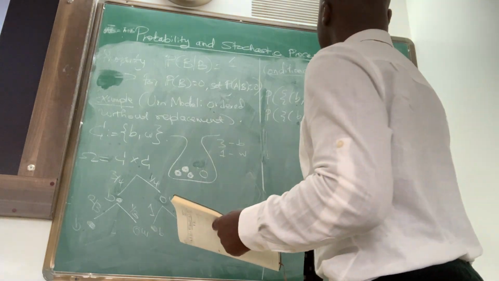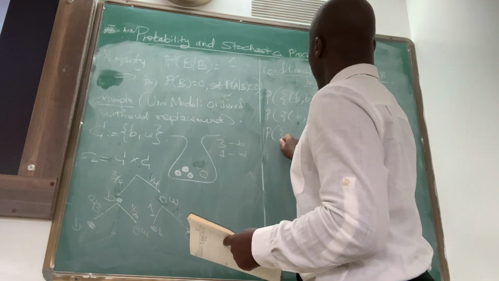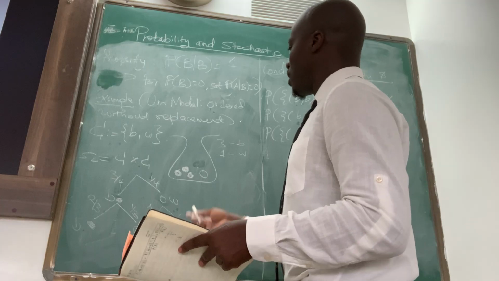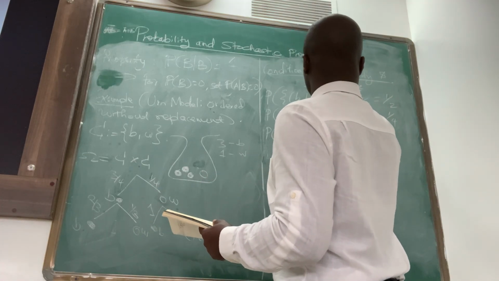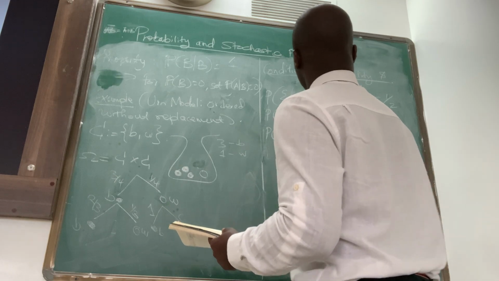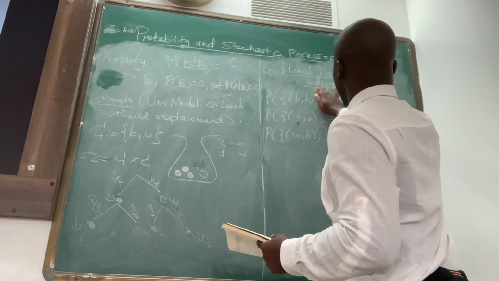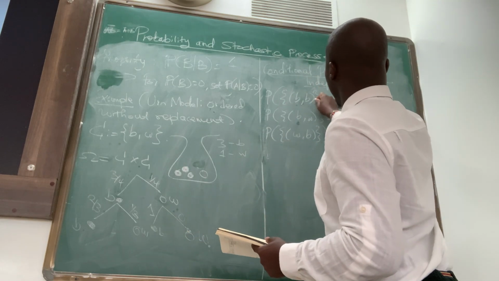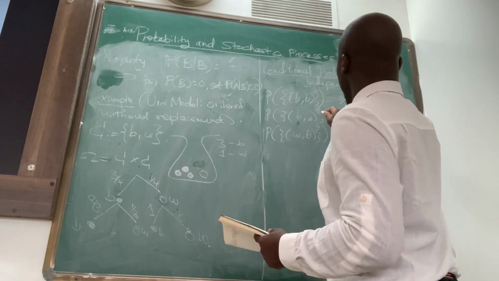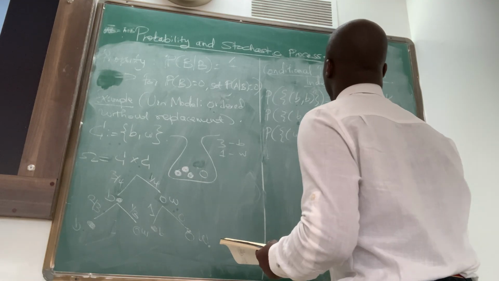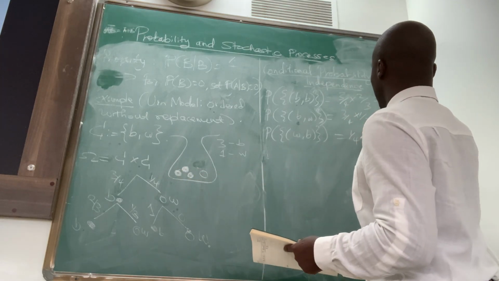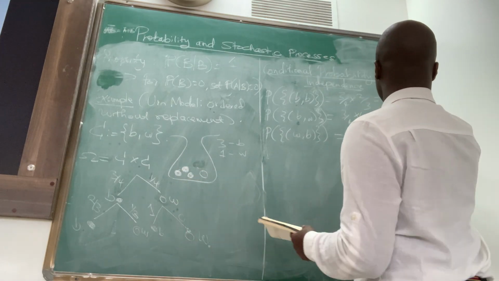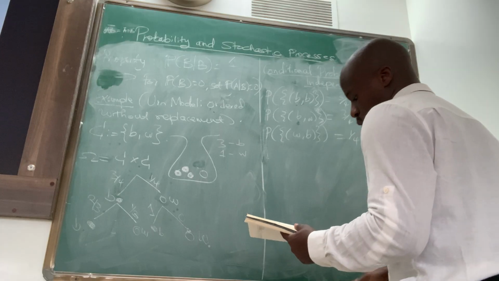Then the probability that you pick a white ball and then a black ball: the white ball is 1/4, and the black ball is 1. So that just gives me 1/4.